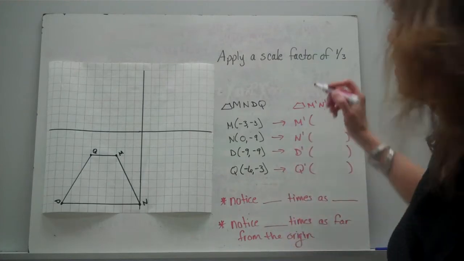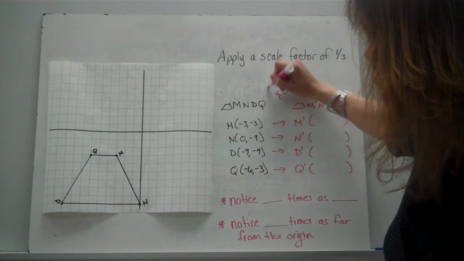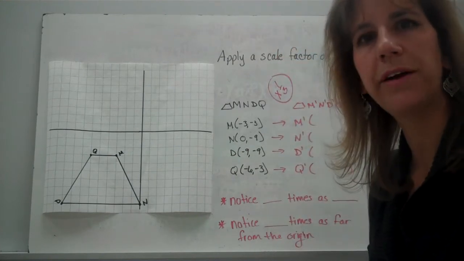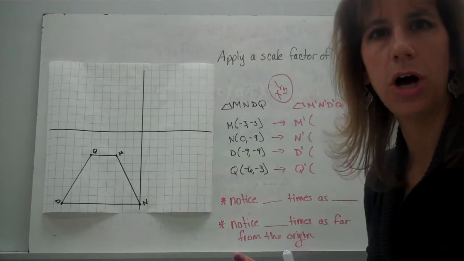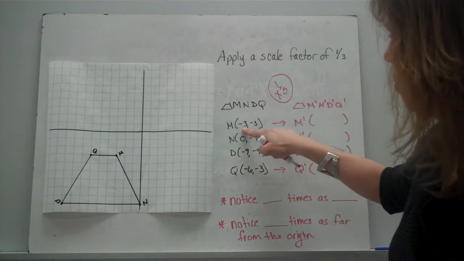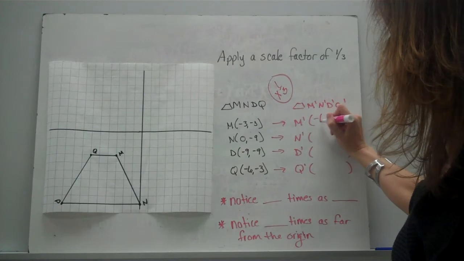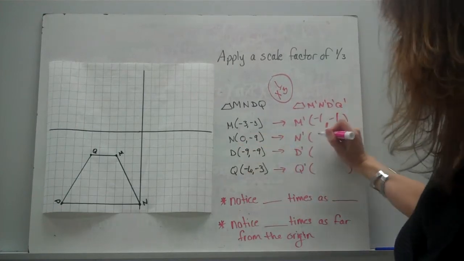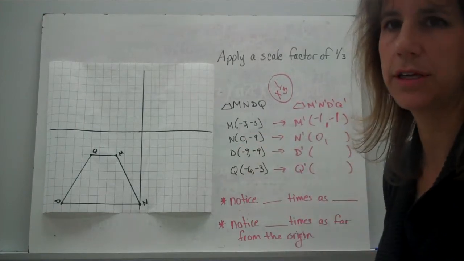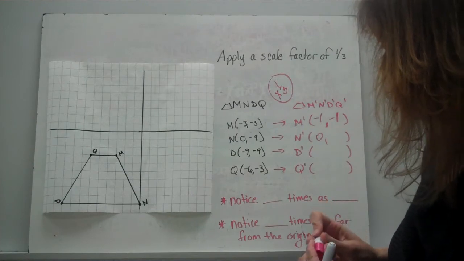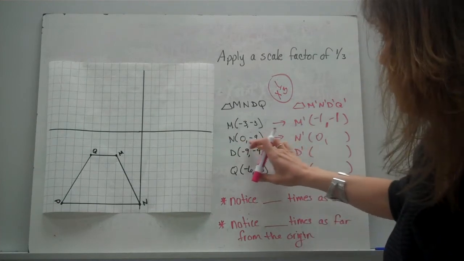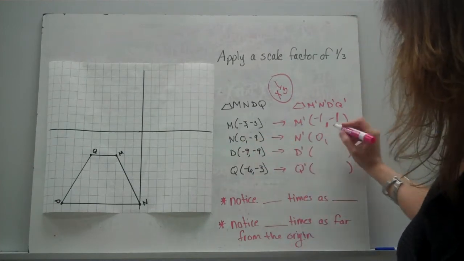All right, since we're multiplying now by 1/3, you should know that when you multiply by a fraction, it's getting smaller, right? So we're doing negative 3 times 1/3, right? 0, of course, stays as 0. Anything times 0 is 0. Negative 9 times 1/3.